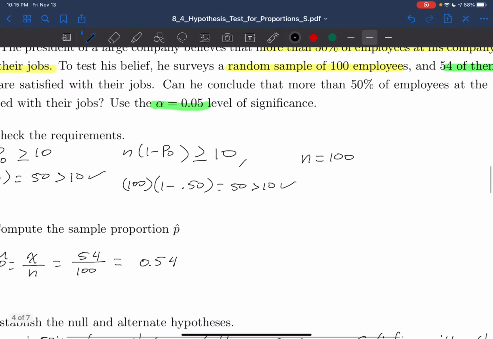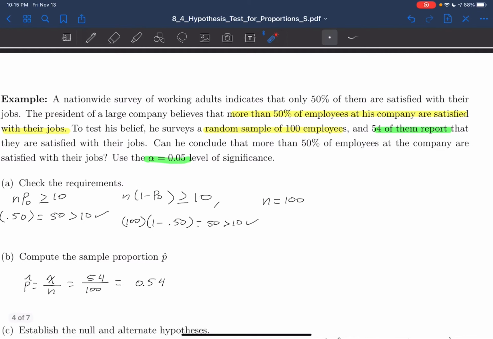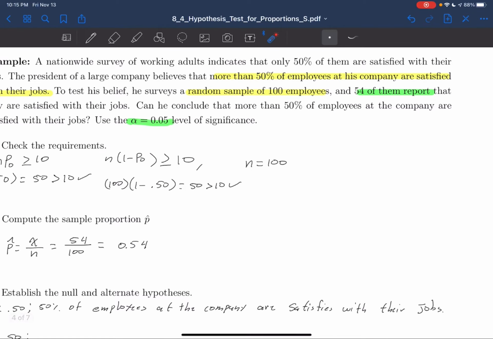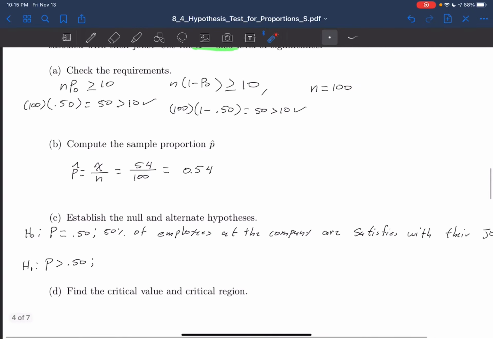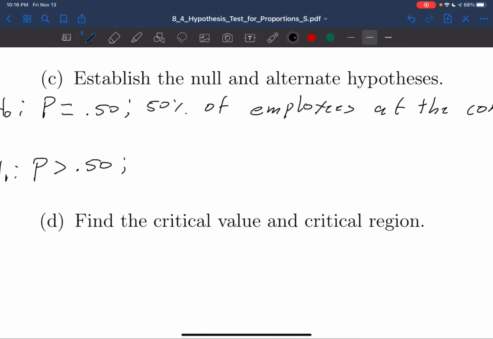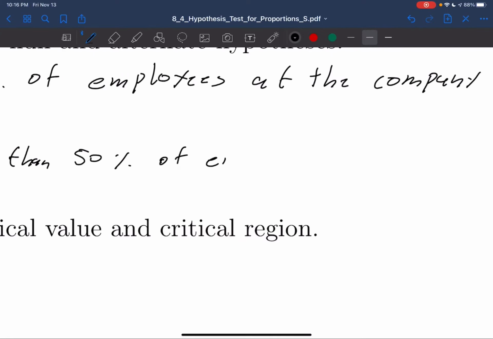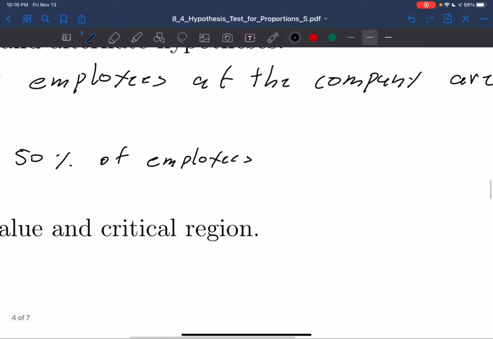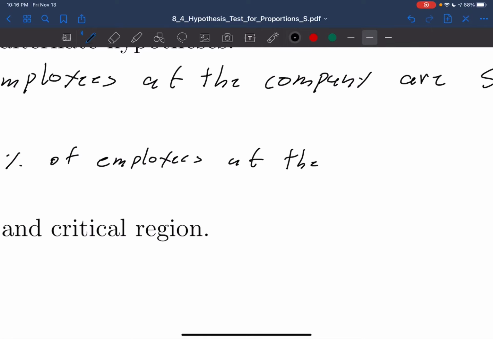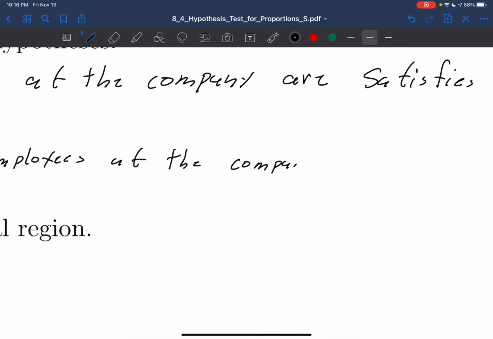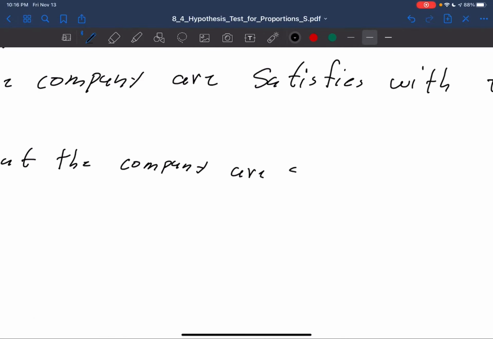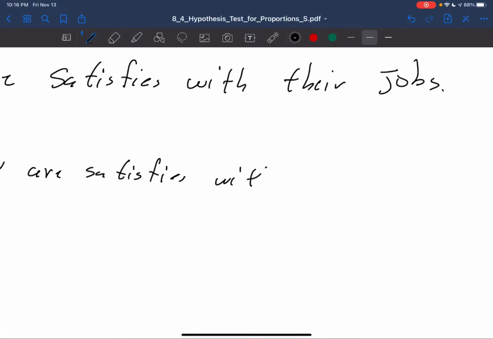But again, the president of this company is saying that no, more than 50% of his employees are satisfied with their job. So here the alternative hypothesis is more than 50% of employees at the company are satisfied with their jobs.